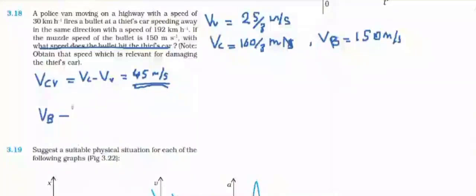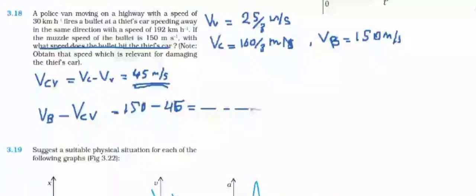So VB minus VCV, that is equal to 150 minus 45. So you will get the relative velocity of the bullet with respect to the car.